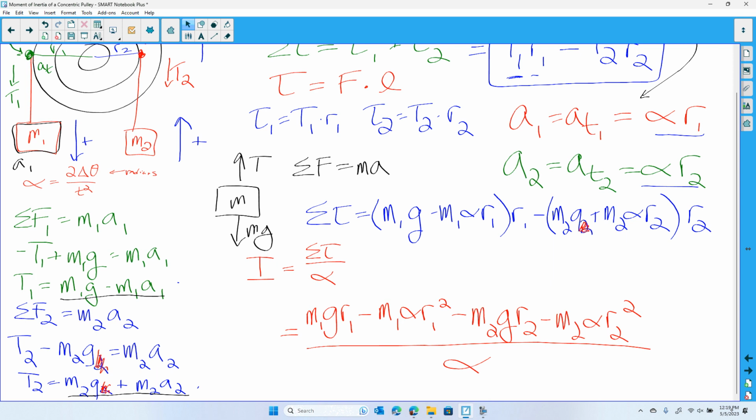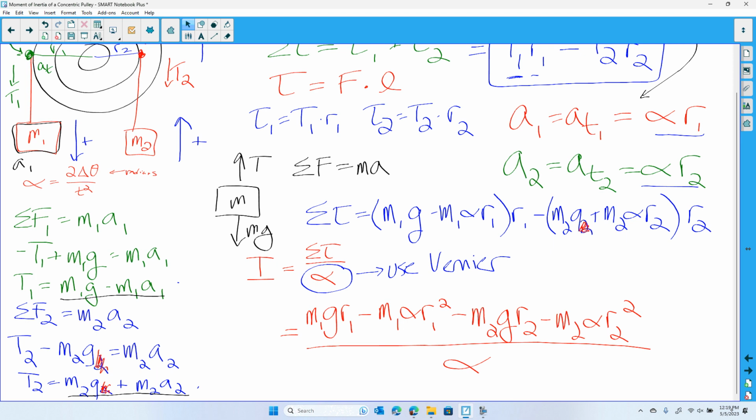Whether or not you got data on Wednesday, I want you to find the moment of inertia of the Vernier pulleys. Those are easier to deal with because if you hook those up to your computer, it can calculate alpha for you. You don't have to measure the number of rotations and multiply by 2 pi and multiply that by 2 and divide by time squared.